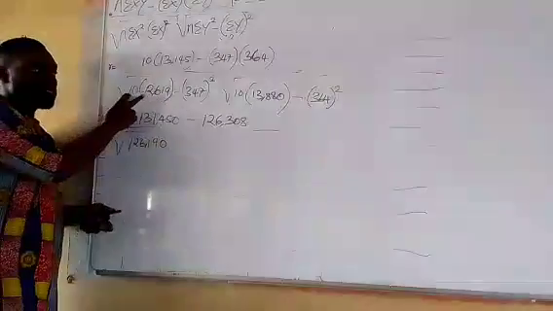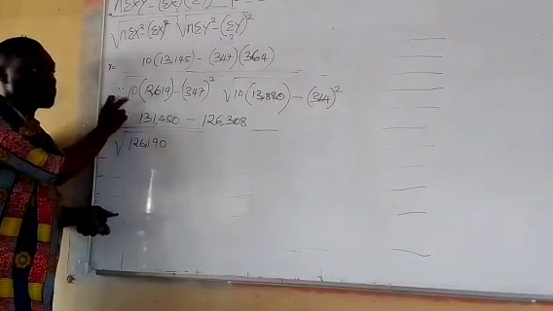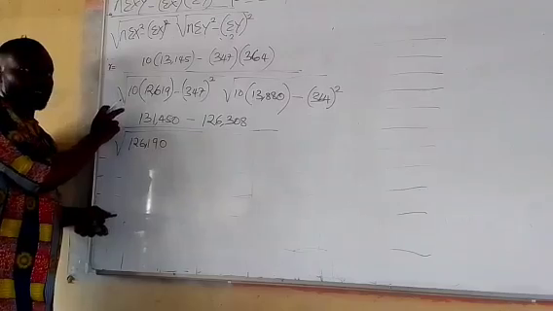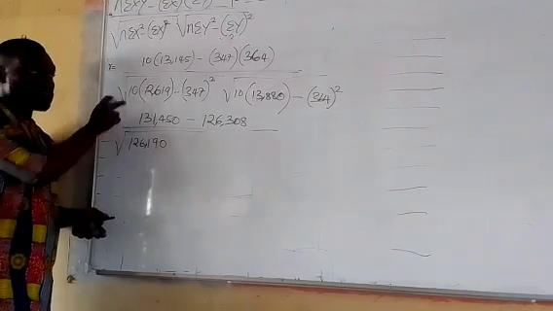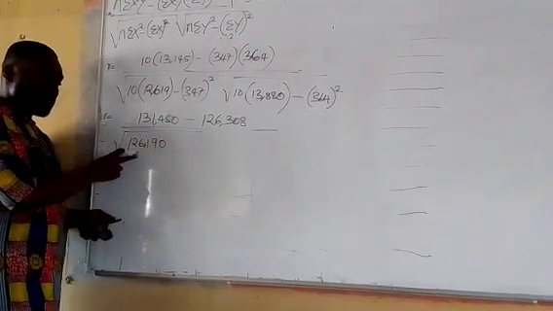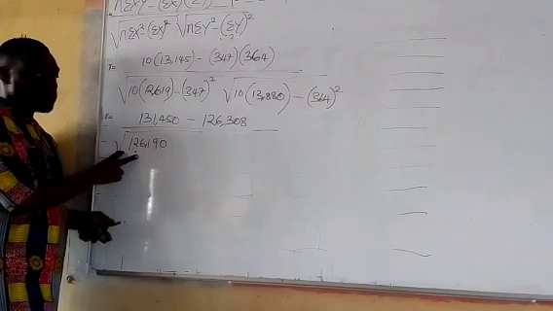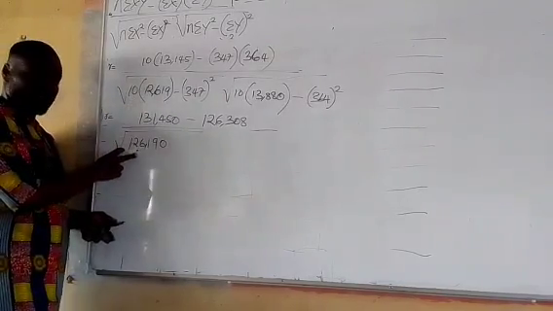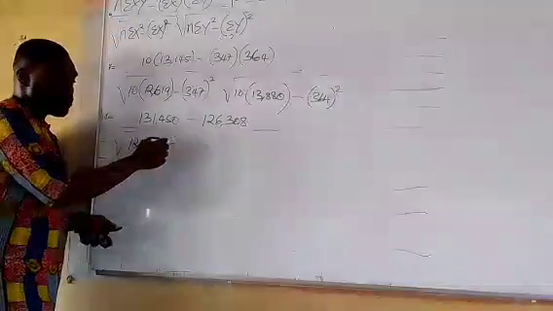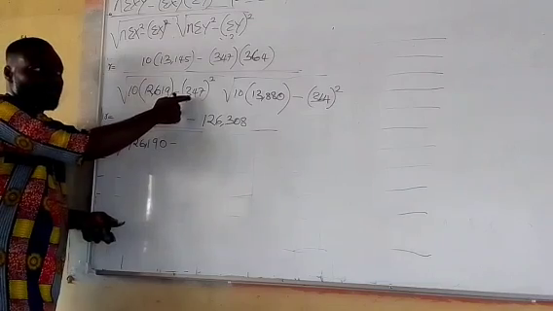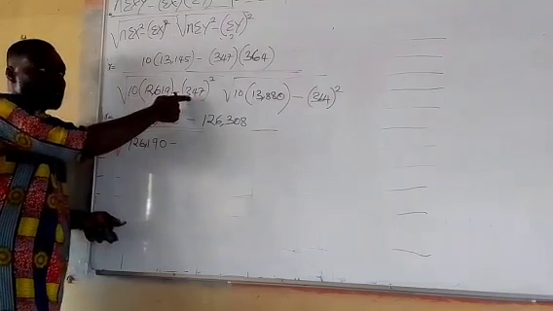I repeat: I said 10 multiplied by this. It's still the same thing. 10 times this, you are having this. We bring the minus. Now, this simply means 347 times 347.